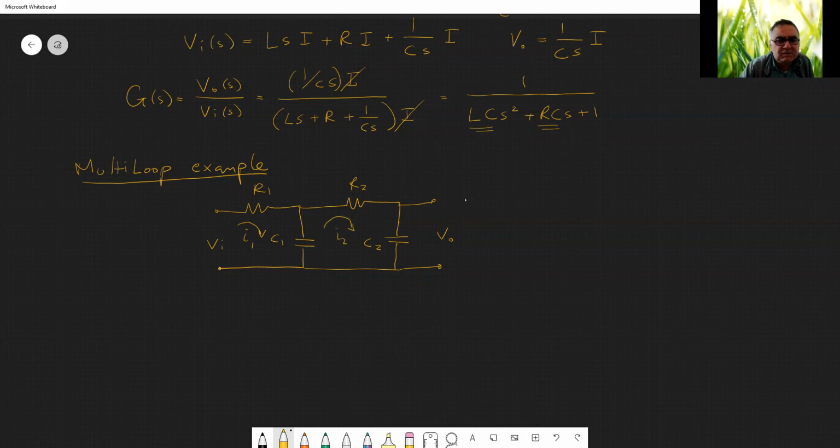This, by the way, this example is from the book by Ogata. Let me just write it here.